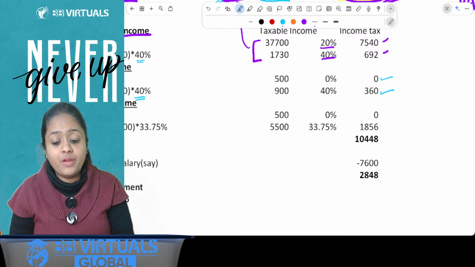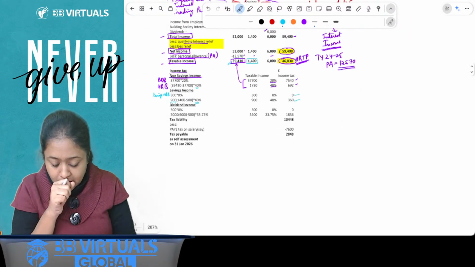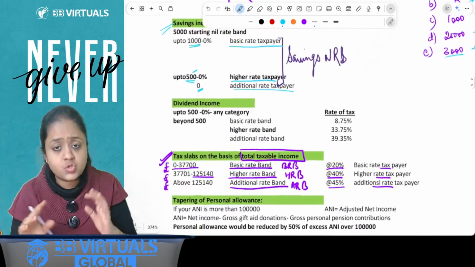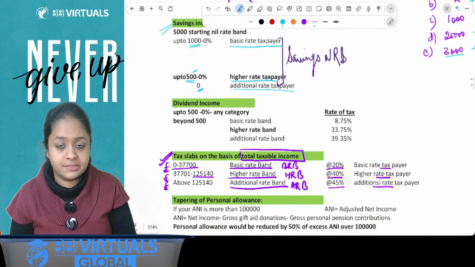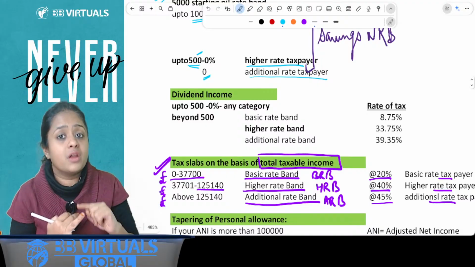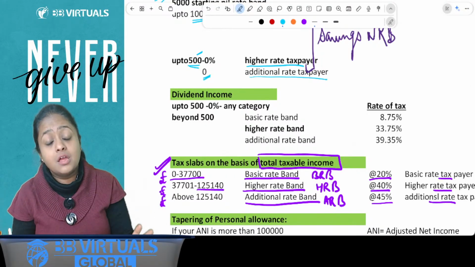Now let's move ahead and discuss the taxing of dividend income. Just two rules are applicable for dividend income. First, whether you are a basic rate taxpayer, a higher rate taxpayer or an additional rate taxpayer, it doesn't matter.